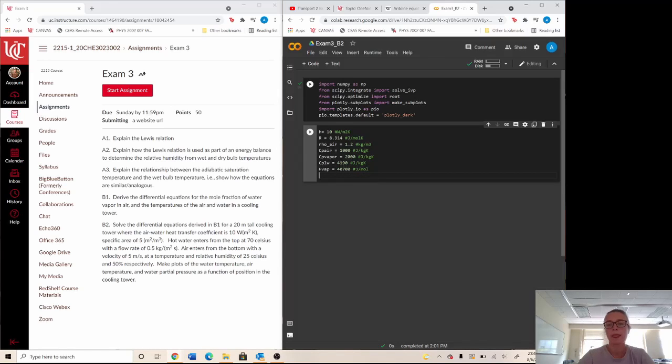Okay. And then after we have all this, we have all the information that we need to calculate the mass transfer coefficient Kc using the Lewis relation. So in order to do this, Kc is equal to the heat transfer coefficient above divided by the density of the air, so rho air times the heat capacity of the air, Cp air.